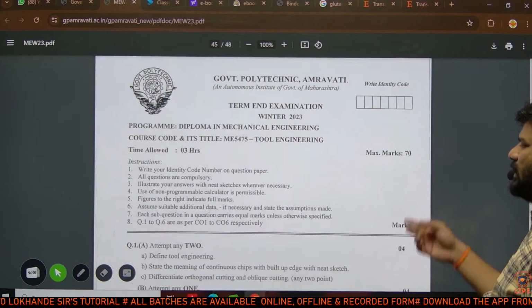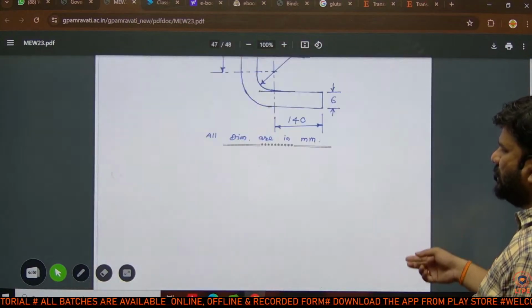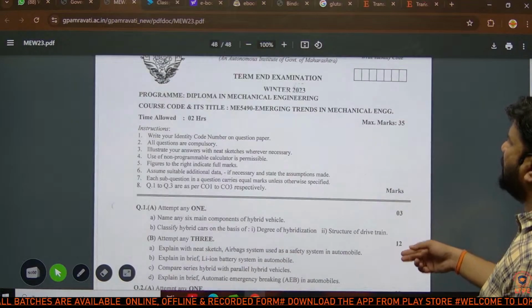This subject RAC will be given in the next semester.